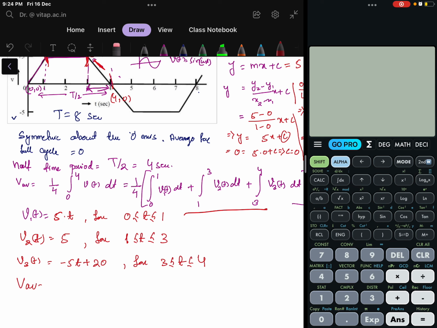That implies V average equals 1 by 4, first the integration from 0 to 1, V1 of t is 5t.